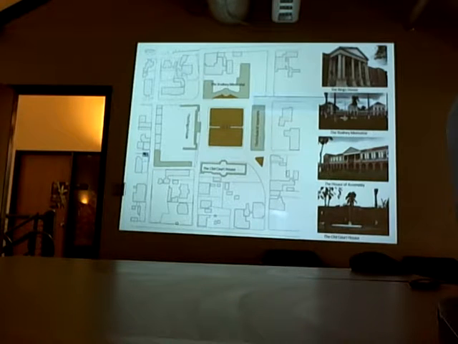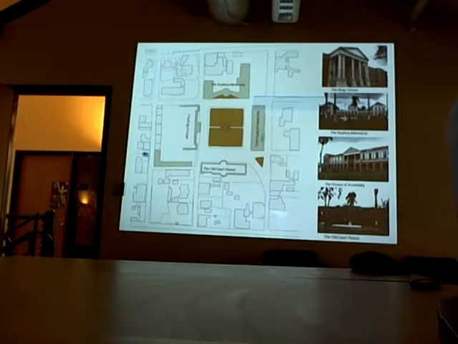There are 4 buildings, not entirely, because two of them were destroyed by fire, which are the King's House and also the old courthouse.